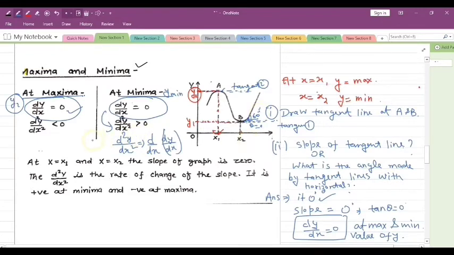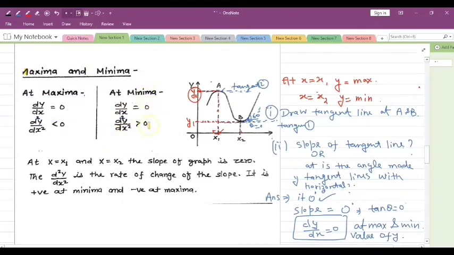So we can conclude one thing, that if our d2y upon dx2 is positive, greater than 0, then at this value B, our function has a minimum value.